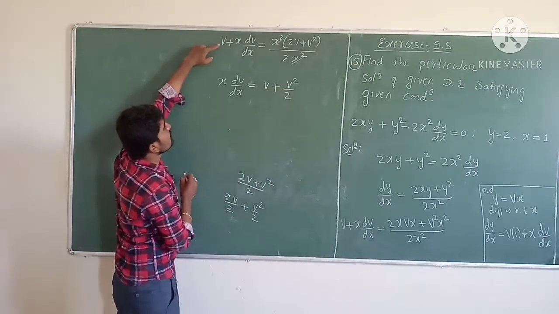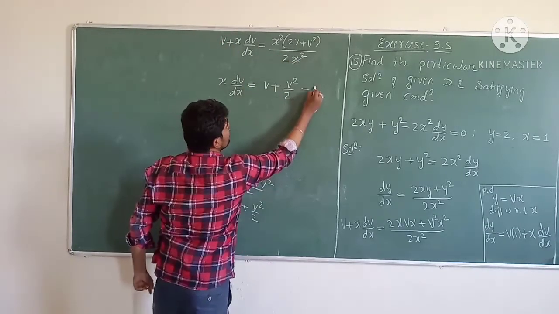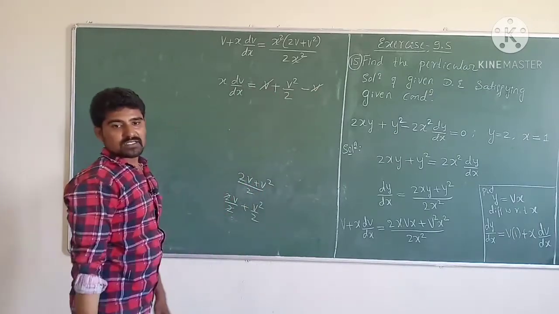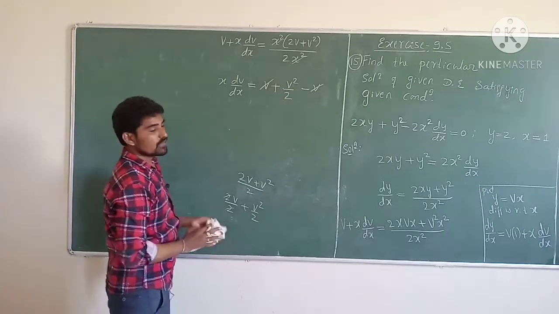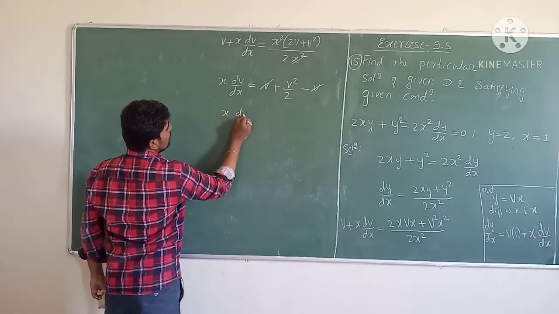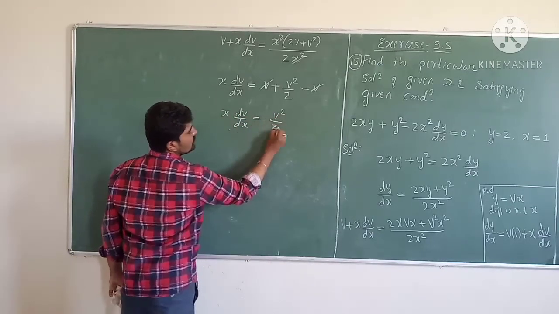Then shift this plus v towards the RHS side. It becomes minus v. Now this v and this v get cancelled, so we get x into dv by dx is equal to v square by 2.